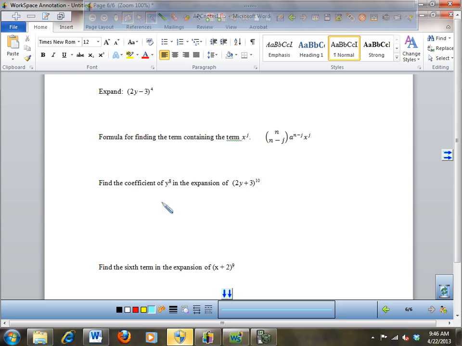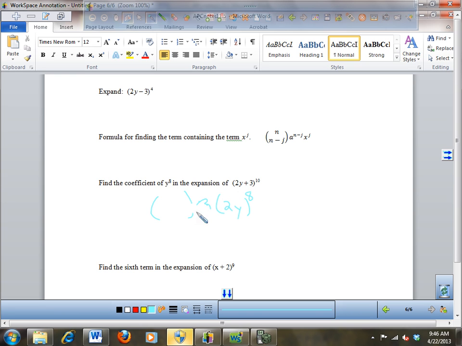So what this is going to look like is you're going to have 2y raised to the 8th, because y to the 8th is going to be raised to the what? These two have to add up to 10. So a is going to be raised to the 2 power, and a is 3.